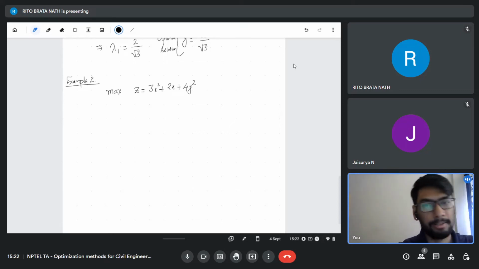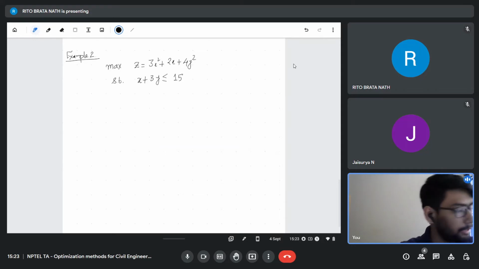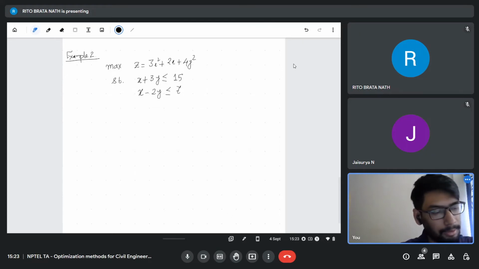I think you'll find a similar problem in your assignment as well. So I hope you'll be able to solve those once I go through this. In your assignment, it will probably be pretty easy. Just by looking at the options, you can omit some choices and get to the answer. But you need to know the conventional way of solving such problems. So that's what I'm going to show you.